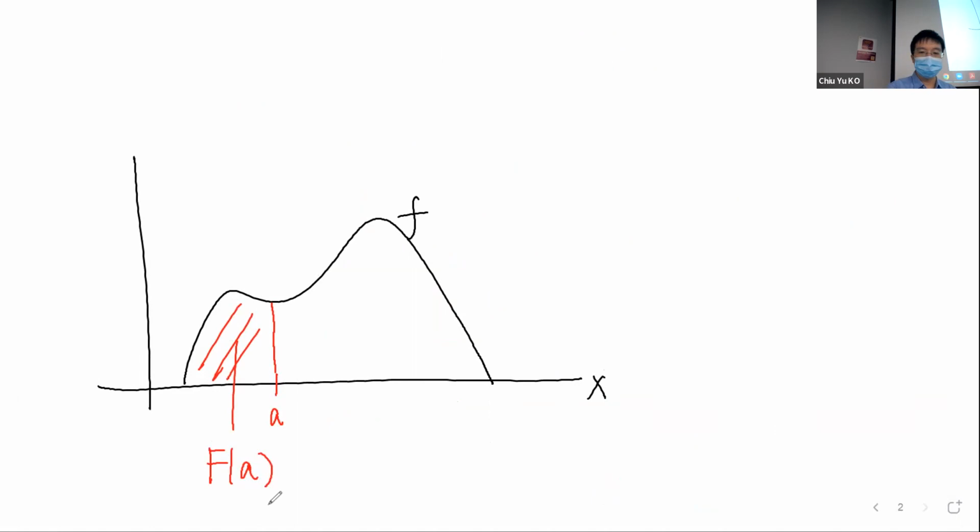And if you learned integration, you will know what the blue thing is. Blue should be 1 minus F(A). The reason is that the area under the curve must be 1, because the probability must be at most 1, and the whole sample space must be 1. That comes from axiom 2. So that is something we're using: the left and the right add up to 1. Actually, this is also what we call the complement rule. Is that clear? We'll be using it today, and actually throughout the whole course.